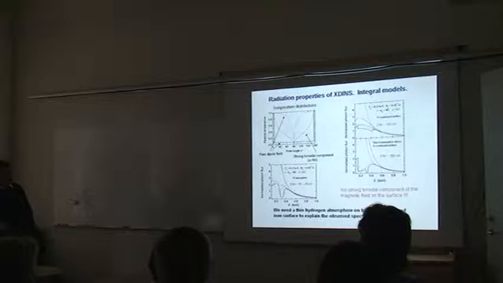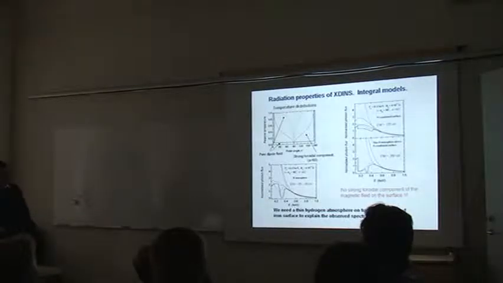We calculated integral spectra for these three temperature distributions using the hydrogen model atmosphere approximation, then the naked condensed iron surface, and then the thin hydrogen atmosphere above the condensed iron surface. These colors correspond to these temperature distributions.